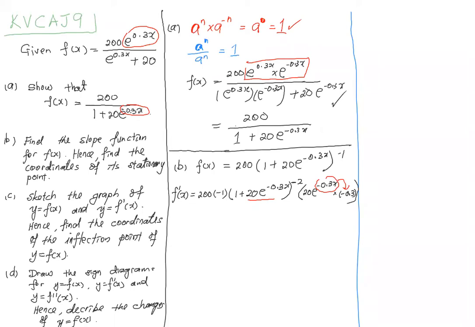Then you take out your calculator and multiply all these numbers. So you will get 1,200. Am I right? e to the power negative 0.3x divided by, okay, since this is a negative, I straight away write divided by.